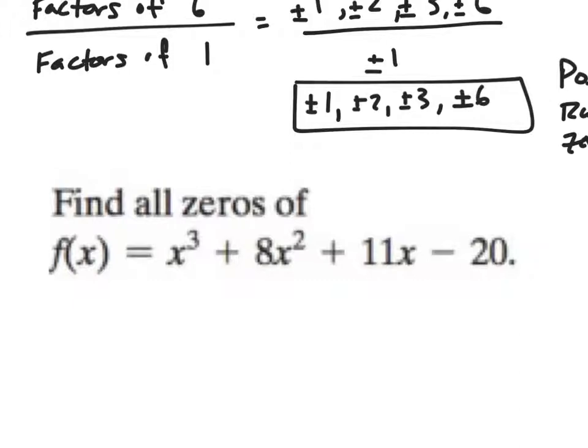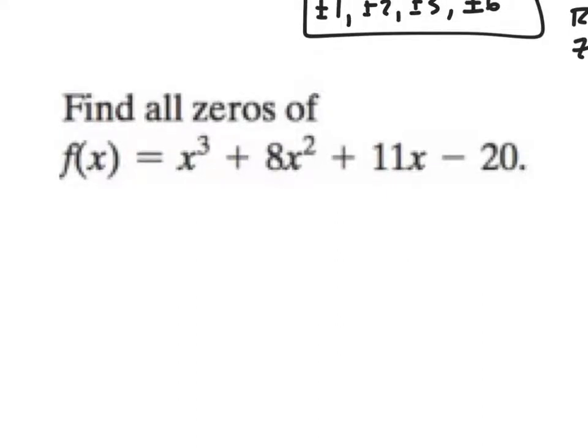That is a waste of time. So in order to find all the zeros of this function, I'm just going to graph it real quick to see where the graph crosses the x-axis so that I know at least where to start.